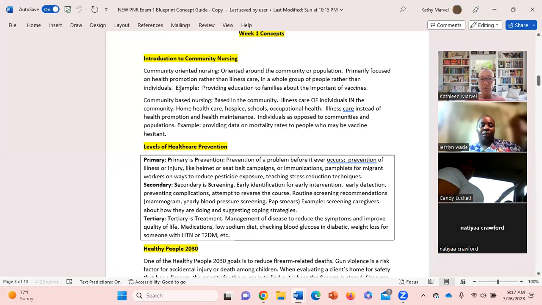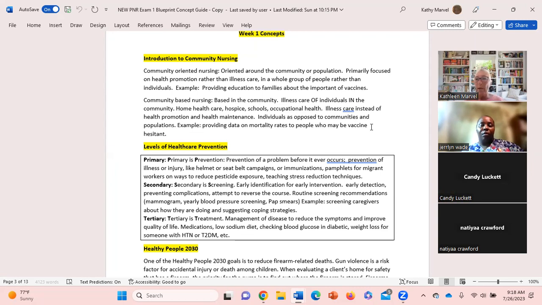So I give you examples here. An example of community oriented, providing education to families about the importance of vaccines. Like the home health nurse going into a small home, teaching several families within a home. If you're providing education to families about the importance of vaccines, that's a general task.